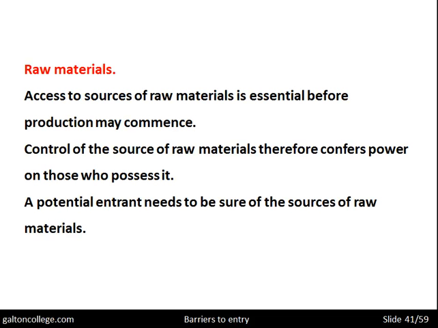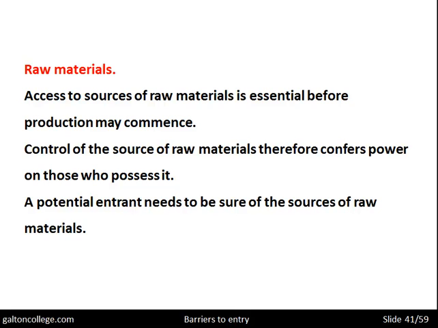Raw materials. Well, access to the source of raw materials is essential before production may commence. The company must be able to get their hands on raw materials. They must be able to find a supply of raw materials. If they can't get the raw materials, the business can't start up. Now, the control of the source of raw materials therefore confers power on those who possess it. It could be that the existing companies who are producing this particular product control the source of raw materials as well.